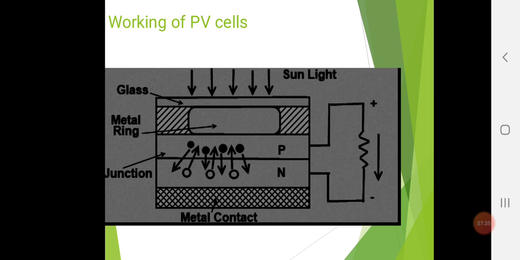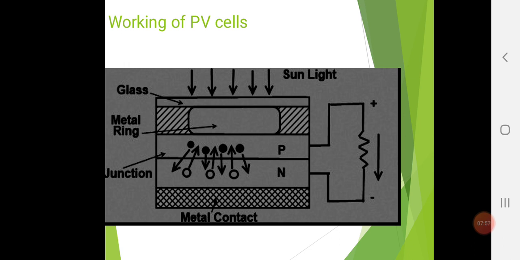leaving behind a hole. When sunlight falls on the absorbing surface, the photons are absorbed and electrons from the lower layer are displaced to form holes. The free electrons move towards the upper layer, where it can accept them because of the electron deficit material.